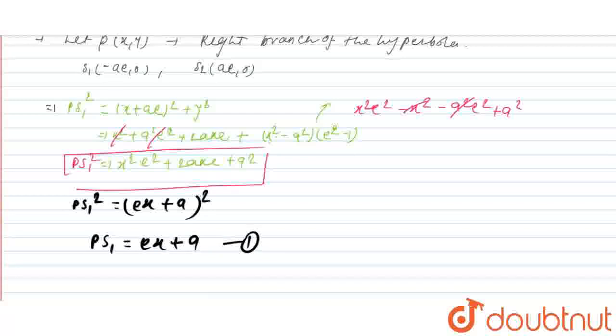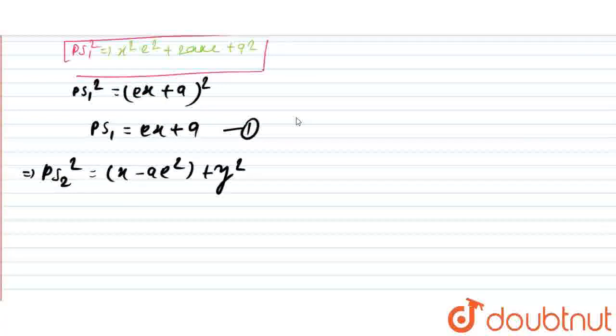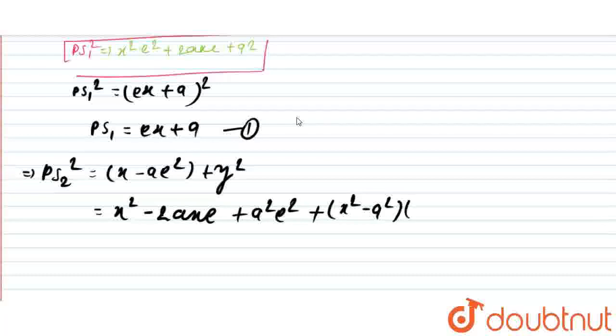Now, like this, again you can find the value of PS2 squared, so this will be (x - ae) squared plus y squared. Again, as in the previous one, x squared minus 2axe plus a squared e squared, plus, at the place of y squared, again x squared minus a squared into e squared minus 1, because this is the direct formula for the eccentricity of a hyperbola.